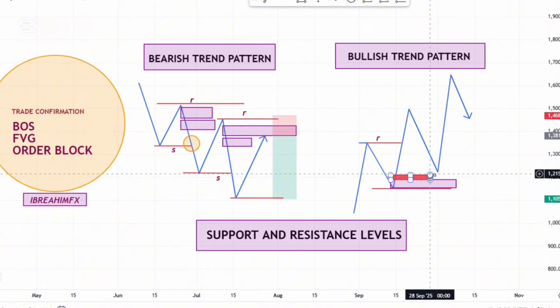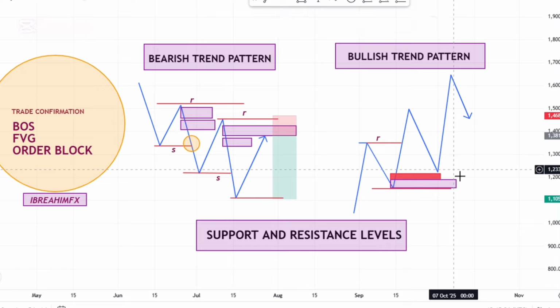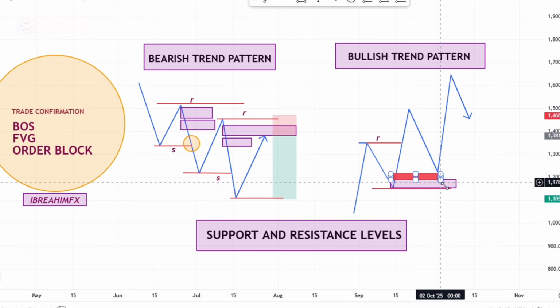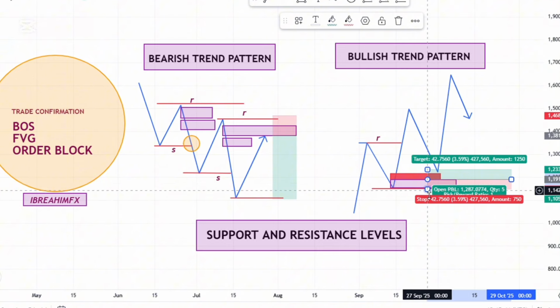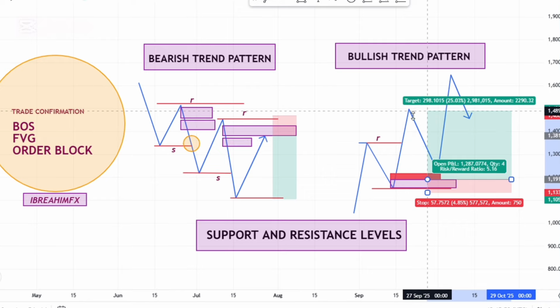You have to identify your fair value gap before your order block. After you identify your fair value gap and order block, then place your buy trade and put your stop loss at the support level and your take profit at the last resistance level.